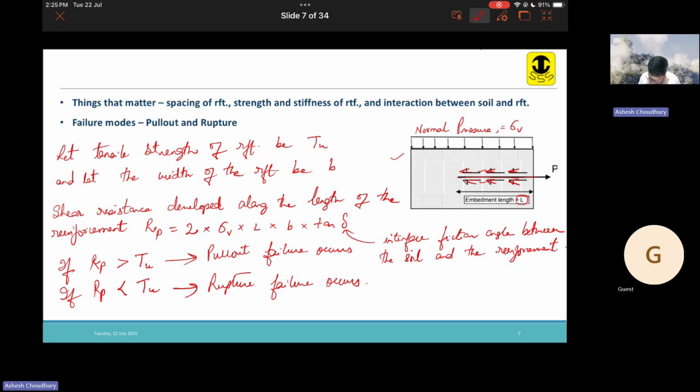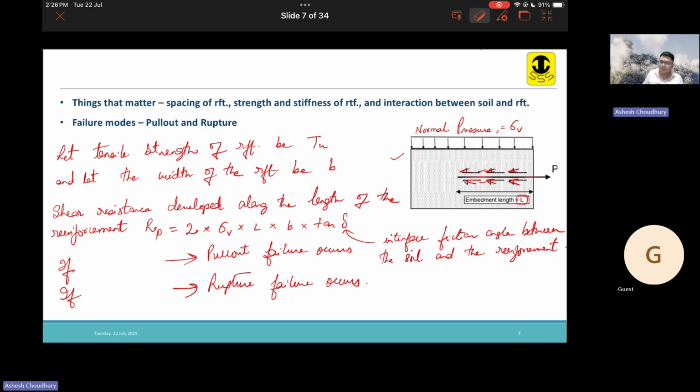Just a second. So let us not write this first. Let us understand before writing. So when will pull out occur? Pull out will occur when this resistance is less, but the tensile strength is high. This resistance that is holding the reinforcement in place is less, so when the force comes, it will just pull out.